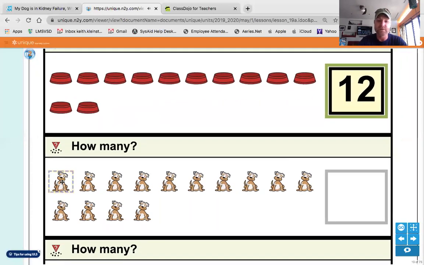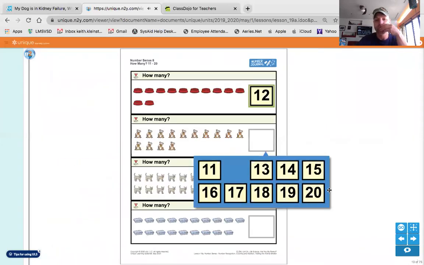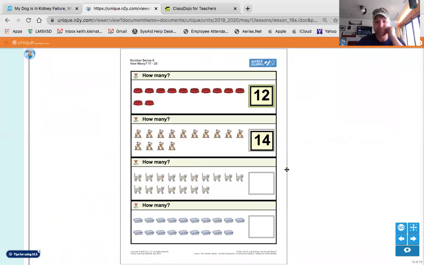Nope, not 11. We're starting at 1. 2, 3, 4, 5, 6, 7, 8, 9, 10, 11, 12, 13, 14. 14 dogs. That's a lot of dogs.